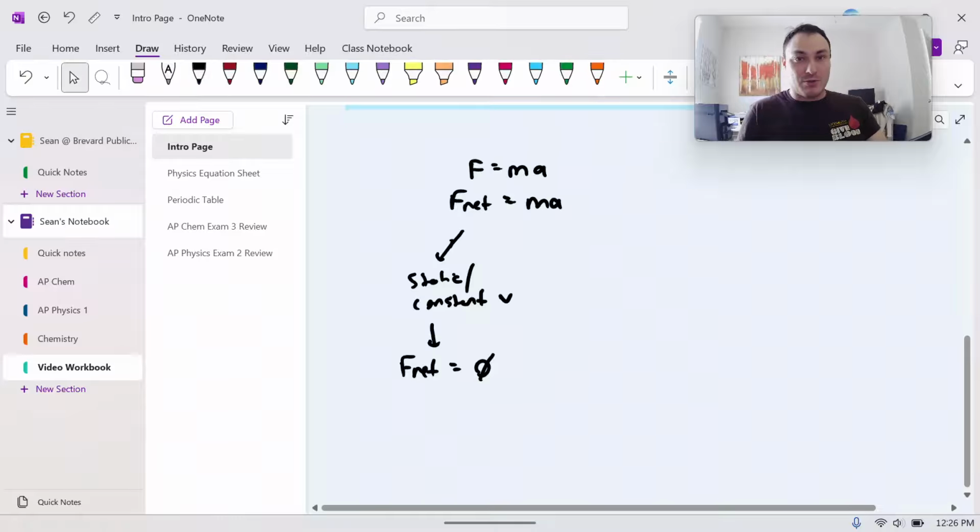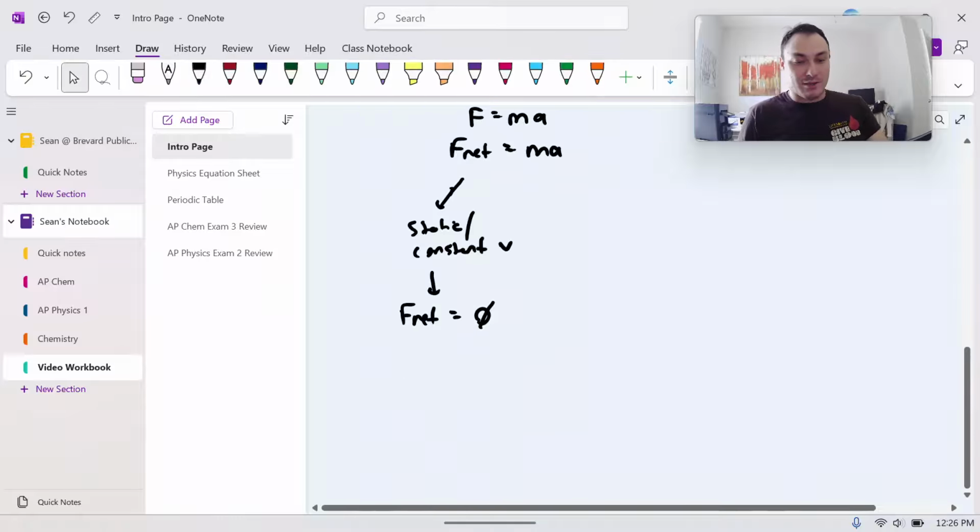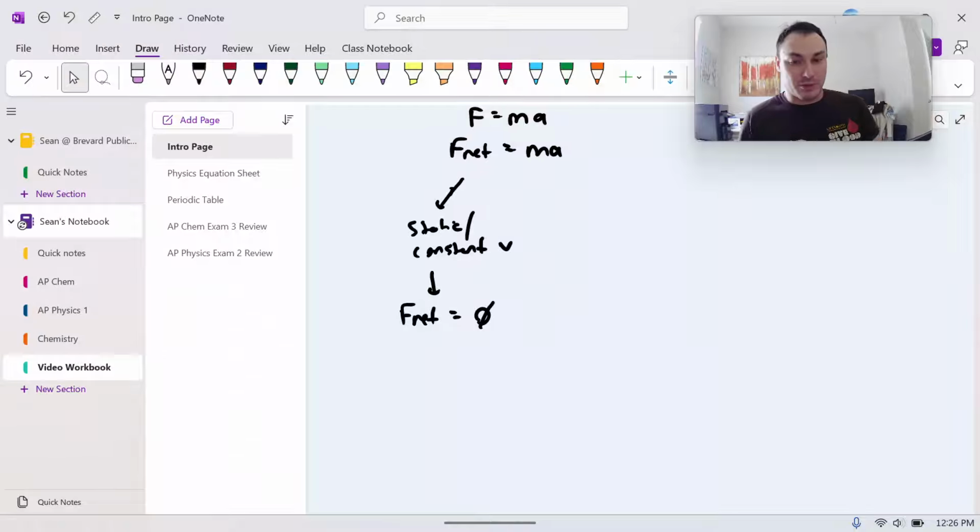How I like to do problems like these is I pick a direction as positive, and I say all the forces pointed in that direction equal all the forces pointed in the other direction. If there is acceleration, we're usually going to want to find that acceleration, and this is where your equation sheet comes into play.